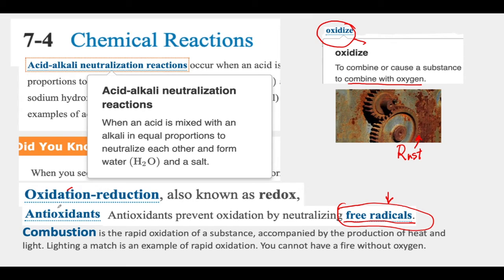So antioxidants nullify the free radicals, and that's why they're called antioxidants. Then we have another type of reaction, which is combustion, which we know as something related to fire, and fire does require oxygen, so oxygen will also cause that oxidation reaction to happen.